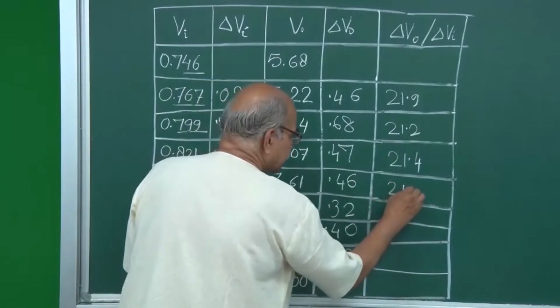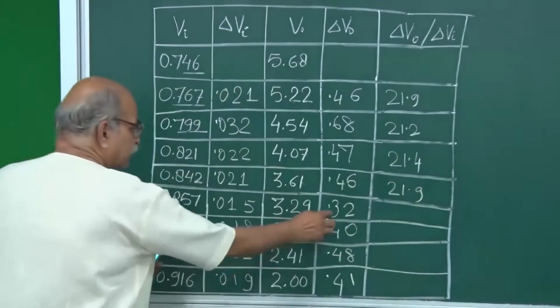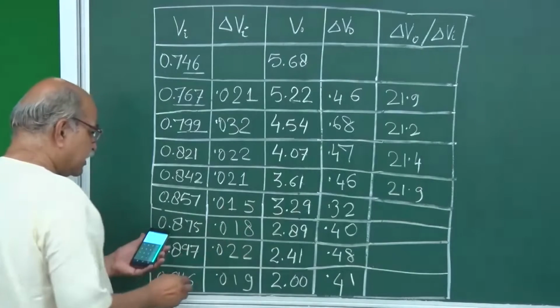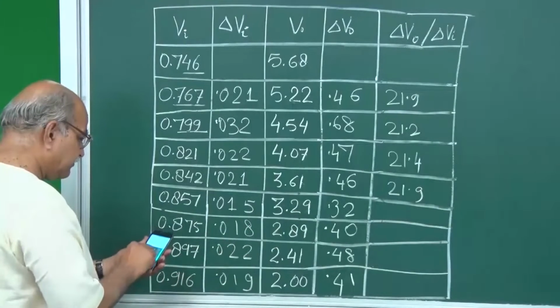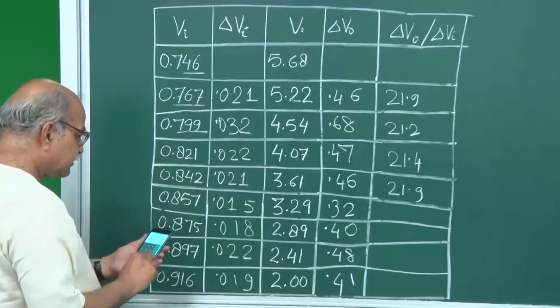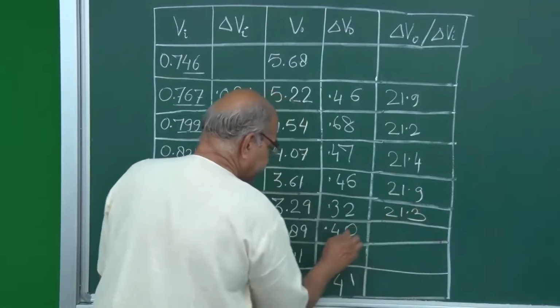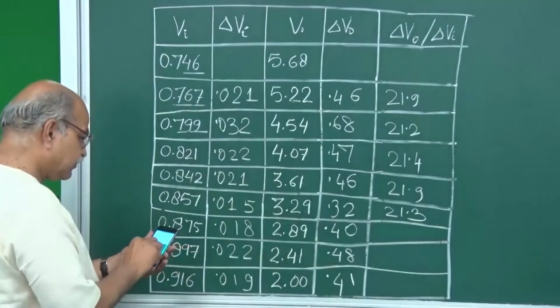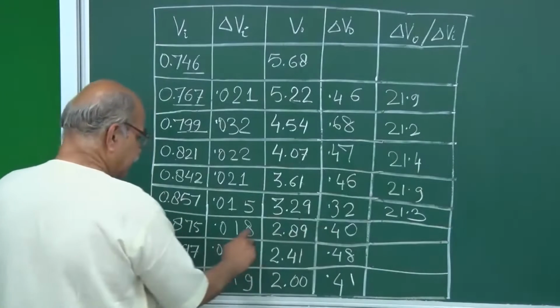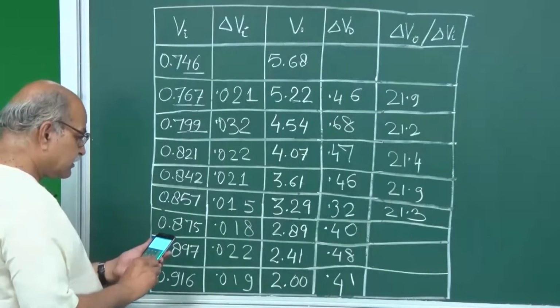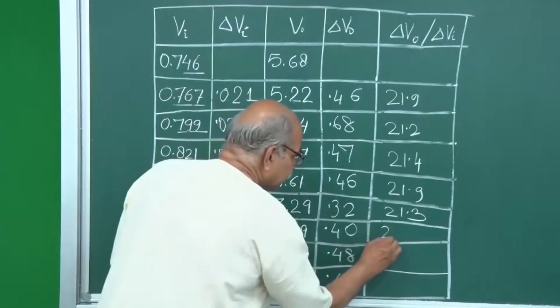Then 0.32 divided by 0.015, and that is 21.3. 0.40 divided by 0.018, and that is 22.2.